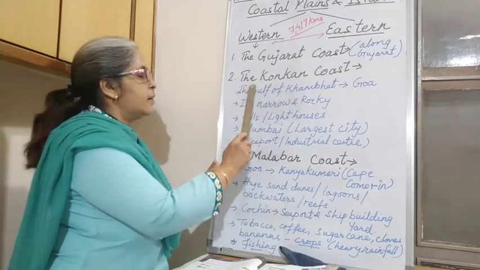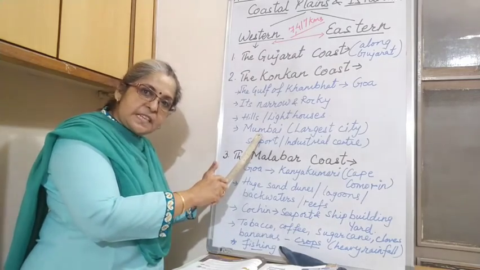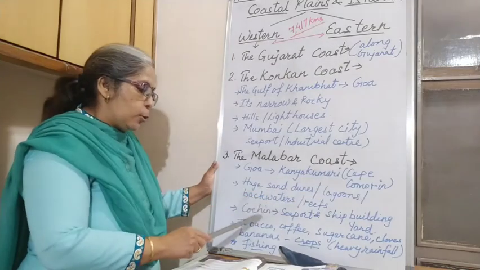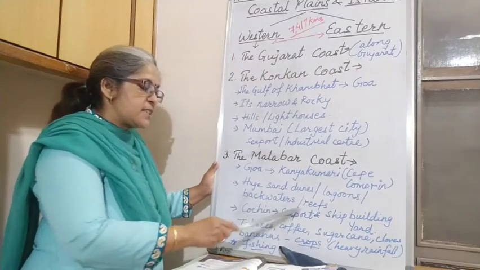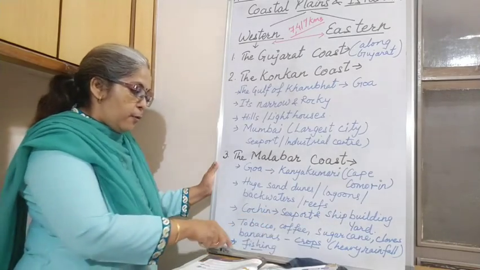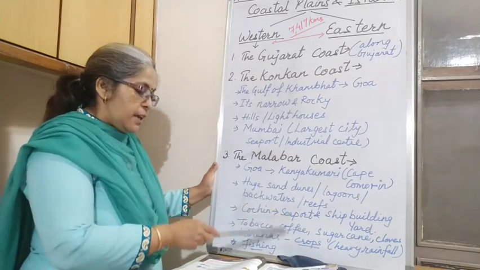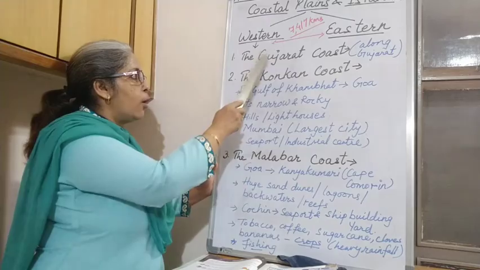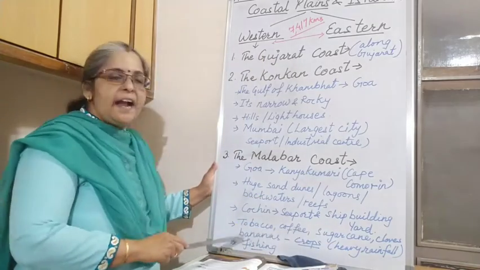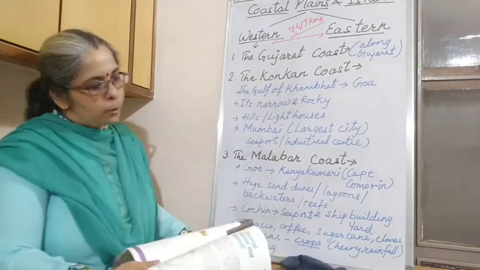Remember, in the Konkan coast, the largest city is Mumbai with its seaport, and in the Malabar coast, Cochin, or you can say Kochi, is the seaport and the shipbuilding yard also. We grow tobacco, coffee, sugarcane, cloves, bananas here, and of all the three coasts, the Malabar coast receives heavy rainfall, and fishing is another occupation of this coast.